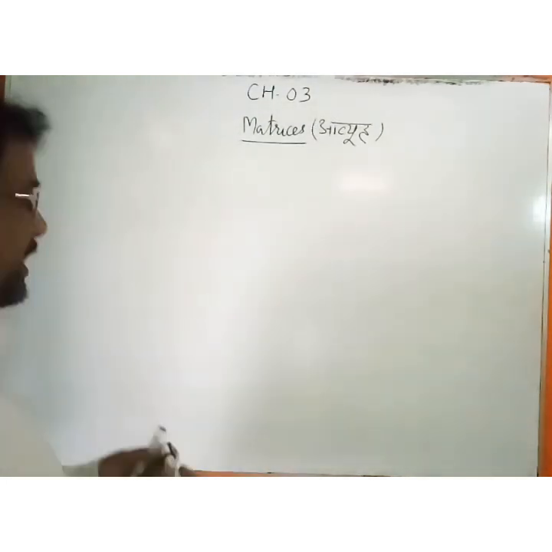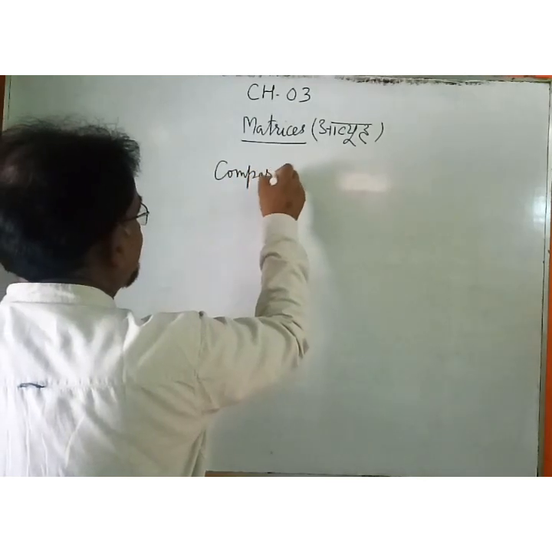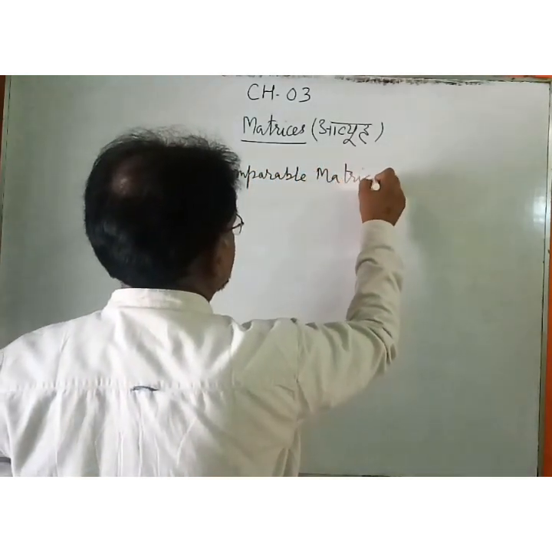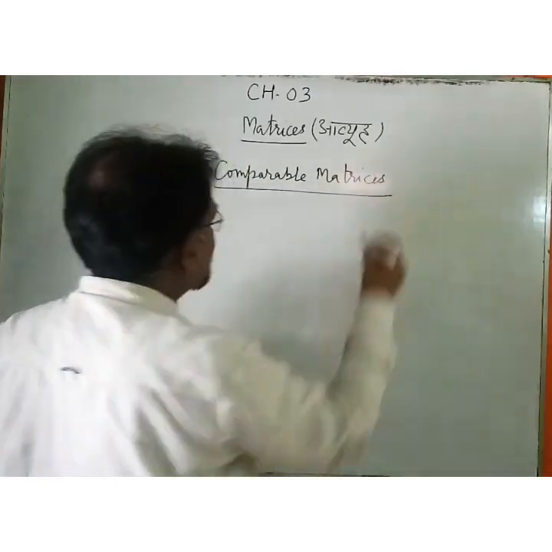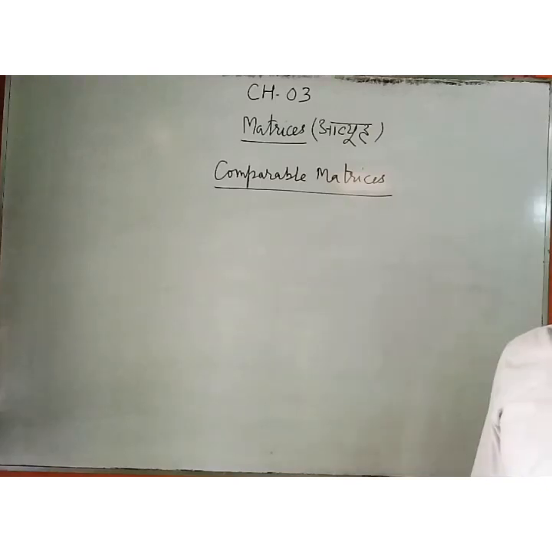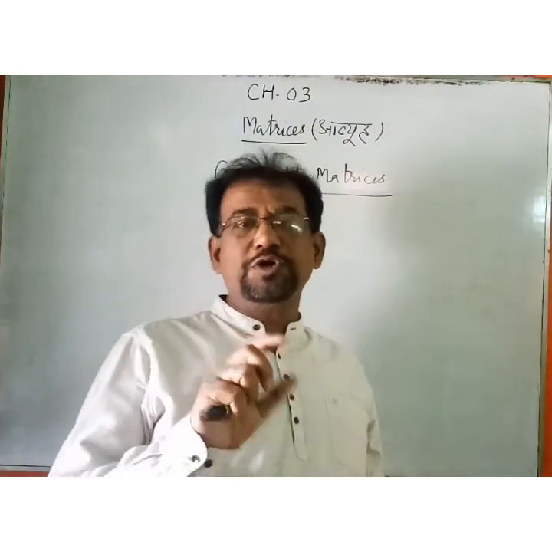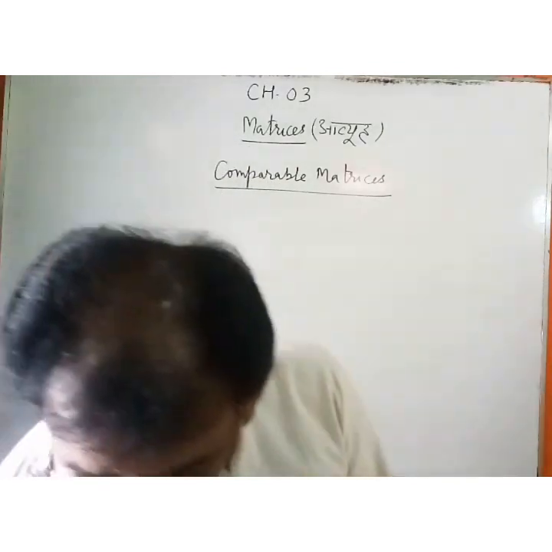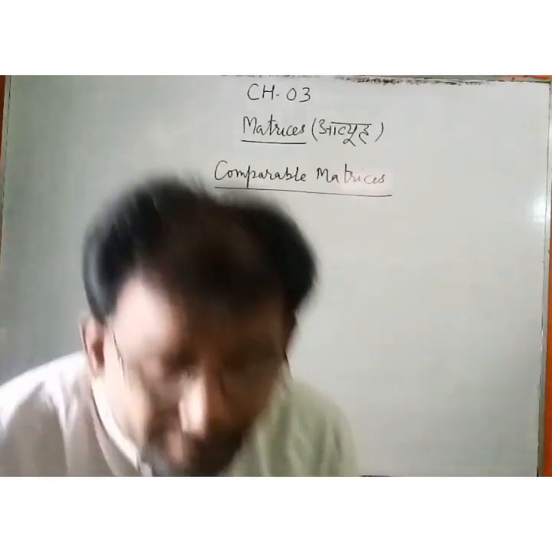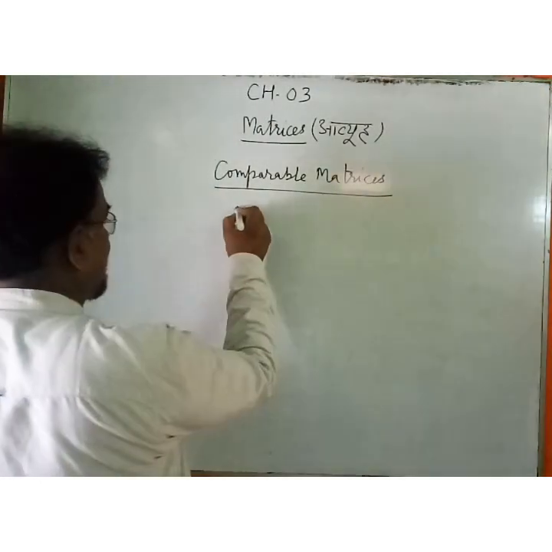So based on the definition of a matrix, let us define two things. First is comparable matrices. Under what condition can two matrices be compared? In a matrix, the basic characteristic is how many rows and columns are there. So two matrices will be said to be comparable if their orders are the same.